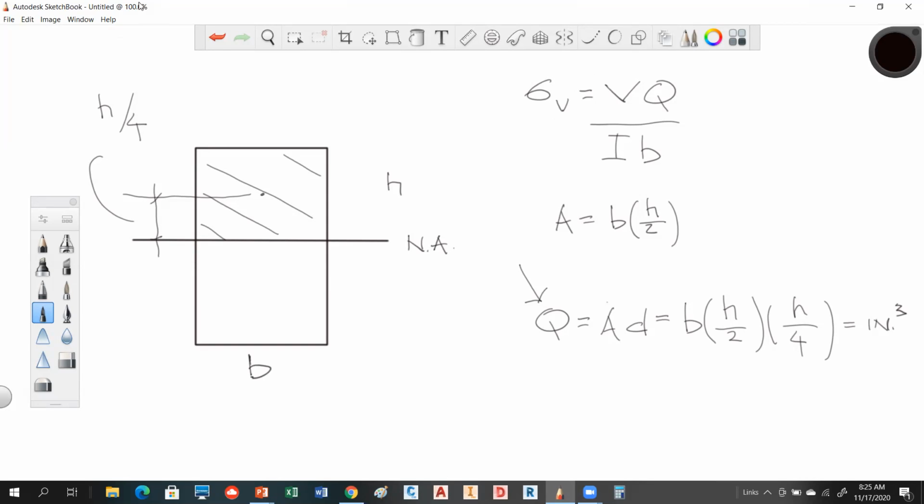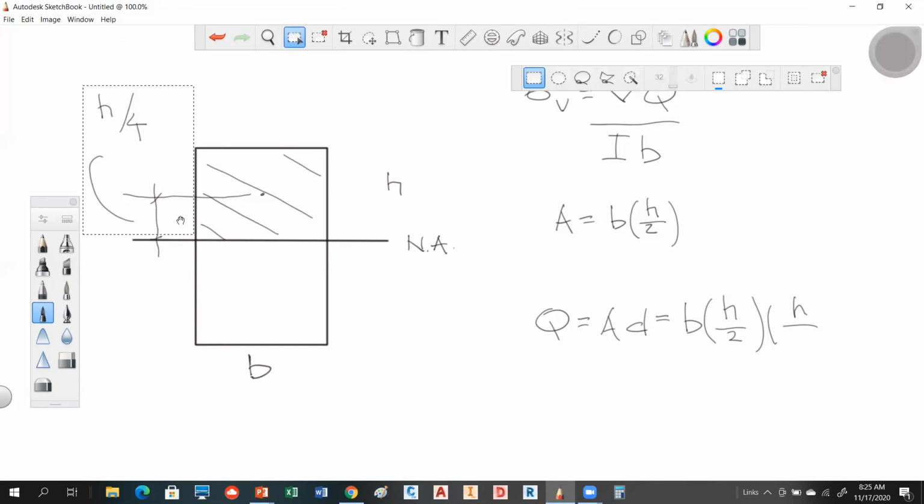Let me show you something else that may happen on this one. Let's put some numbers to this so that we can calculate a real area and see how this works a little better.